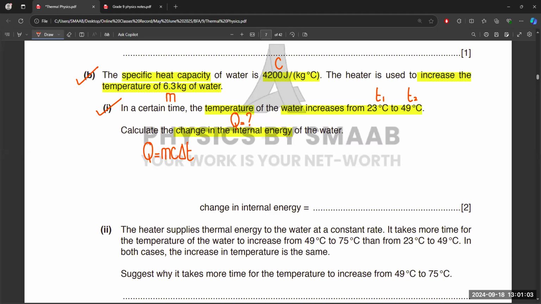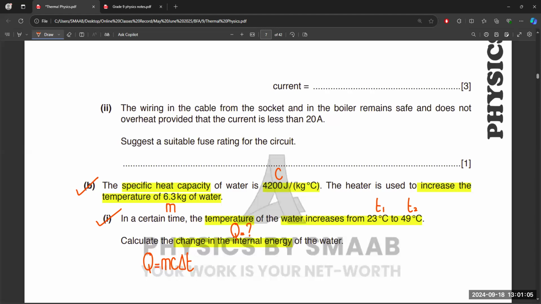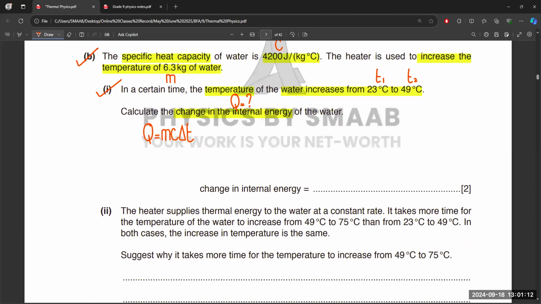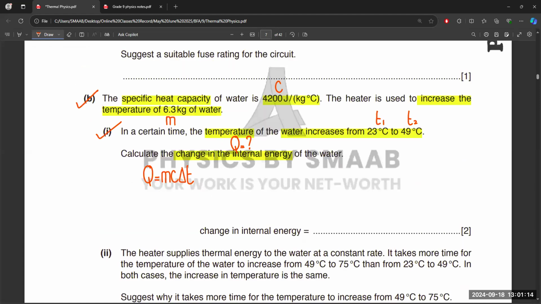Okay, what is your final answer after calculation? Sir, can you scroll down? I'm solving it. Sir, time is also not given in the question.